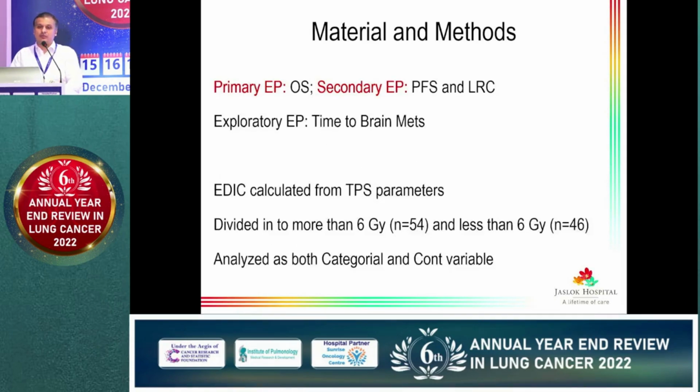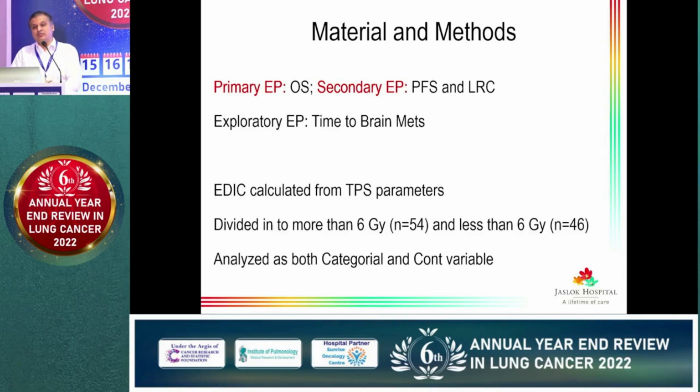The primary endpoint of the study was overall survival, and the secondary endpoints were progression-free survival and local regional control. They also had an additional exploratory endpoint of time to develop brain metastasis. EDIC was calculated based on the formula given by GMAT, and the TPS parameters were taken for the calculation.